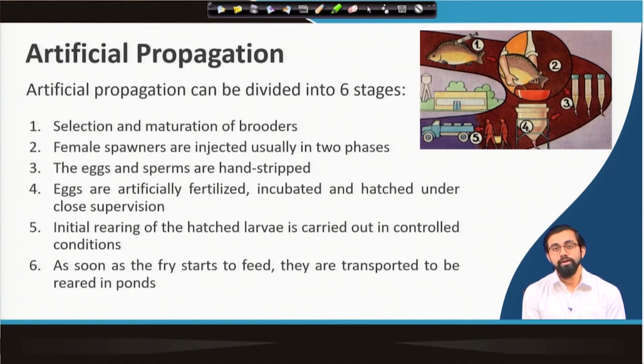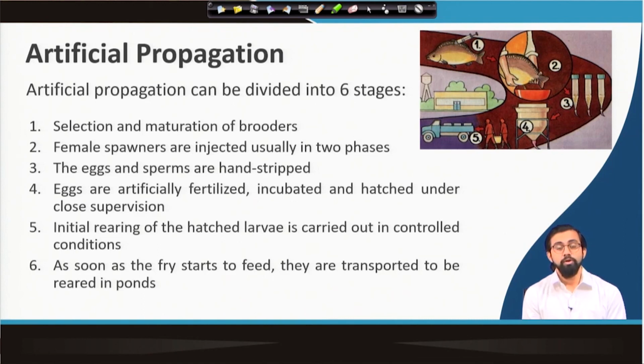There are different criteria depending upon the species that we need to think about while choosing the brooder fish, so that the best quality is transferred to their offspring. That is why we try to have the best quality brooder fish and we select them. There are selection criteria for that, and the maturation of the brooders is the first stage.